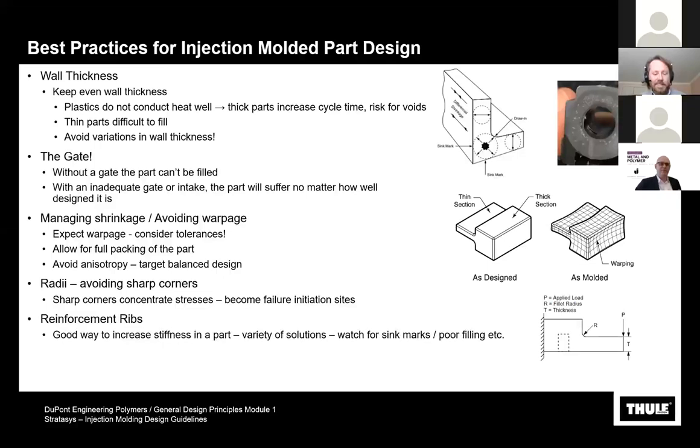Reinforcement ribs, I just add this because it's a very common feature of mechanical or structural parts. And there's a variety of solutions, but as already discussed, there's a big risk for sink marks and poor filling. I have an example of how the rib structure prevented us from getting a properly filled part.